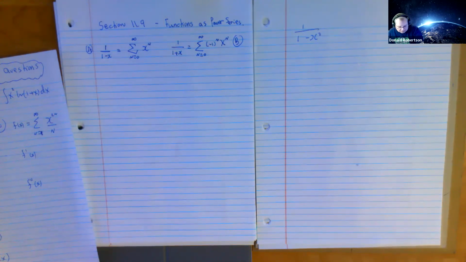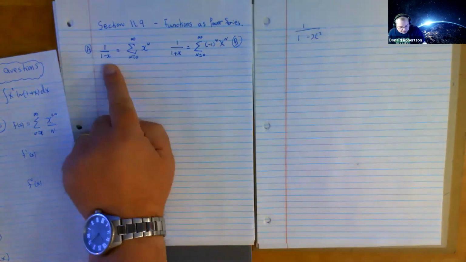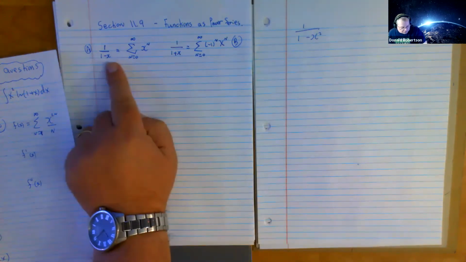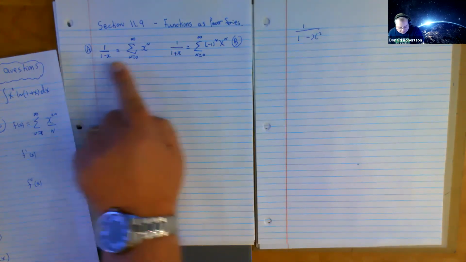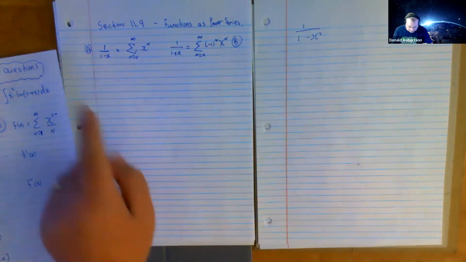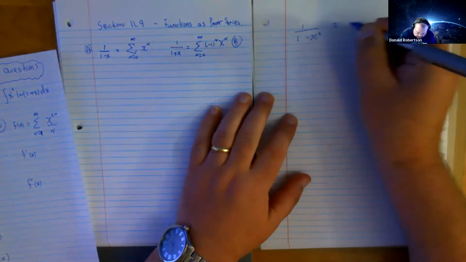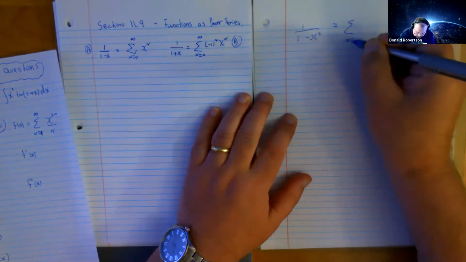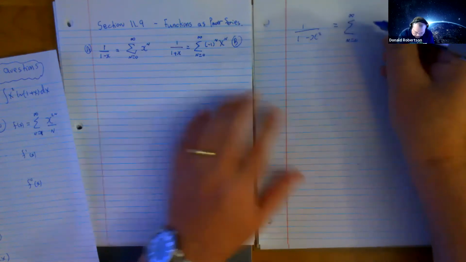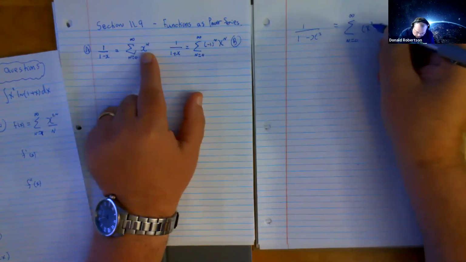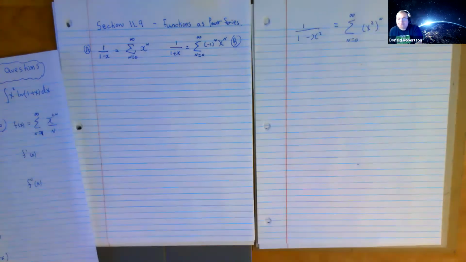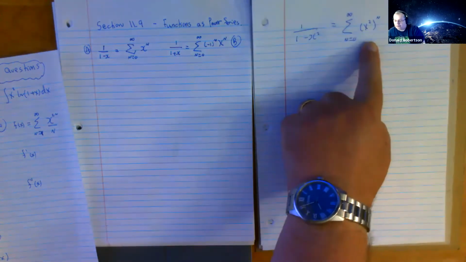Then I look at this and I look at this and I say, if I could substitute the x for an x squared, we would be good to go. So what I'm going to do is take this fella and substitute him for x squared. Now, unfortunately, a lot of students think that's finished because there's your power series.